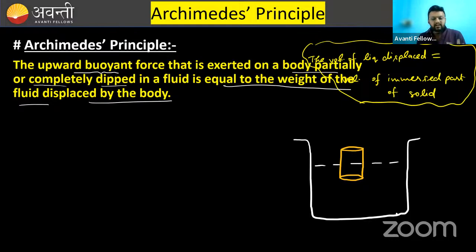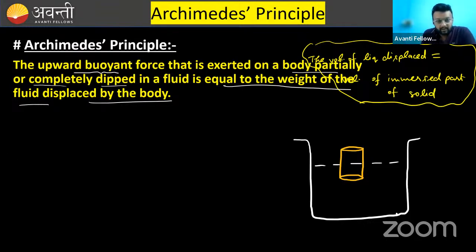Is this clear? Now, in simple words, when you dip a solid, some liquid gets displaced. The volume of the liquid displaced is equal to the volume of the solid submerged or immersed. The next thing is the buoyant force on the solid is equal to the weight of the liquid displaced.